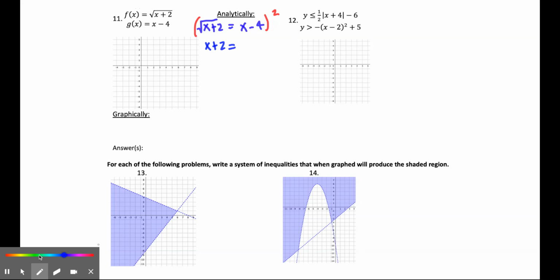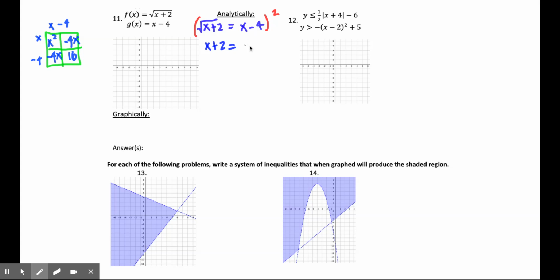And then the right side, when you square x minus 4, you need to use an area model. So then you get x squared minus 8x plus 16.